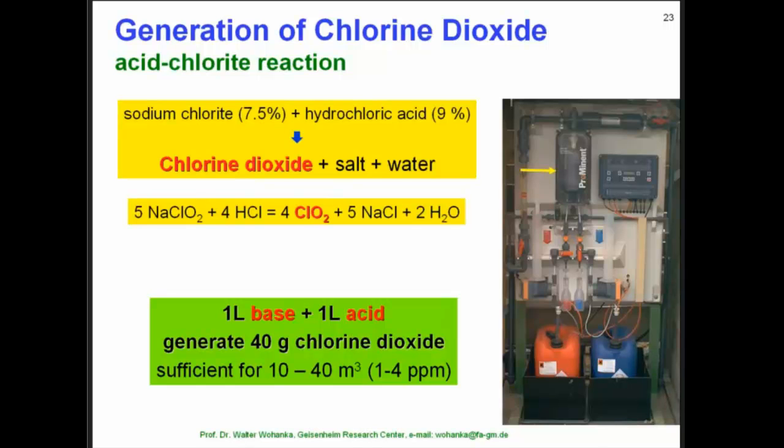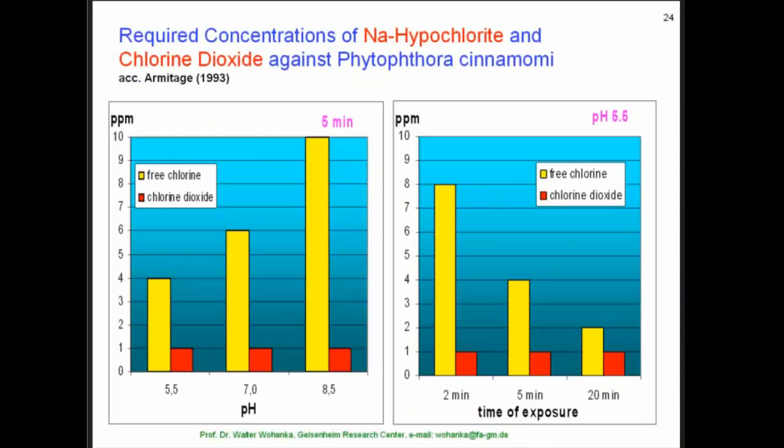The reactor is sealed, so no harmful gas can leak out and threaten man or plant. From the reactor, the highly concentrated chlorine dioxide solution is simultaneously injected into the bypassing water. And of course, the concentration can be adjusted on the control panel.